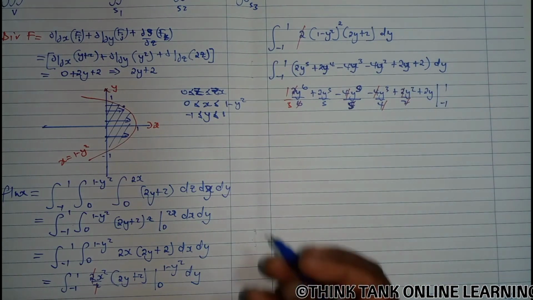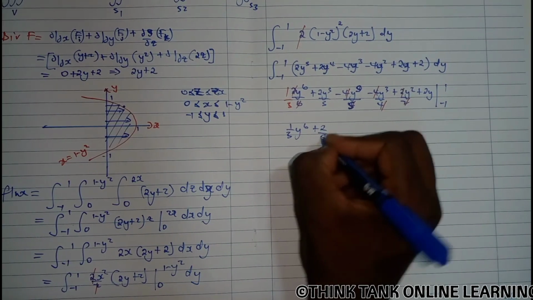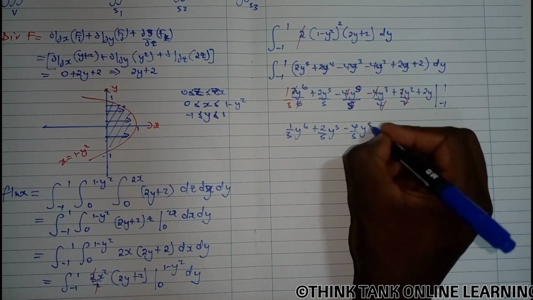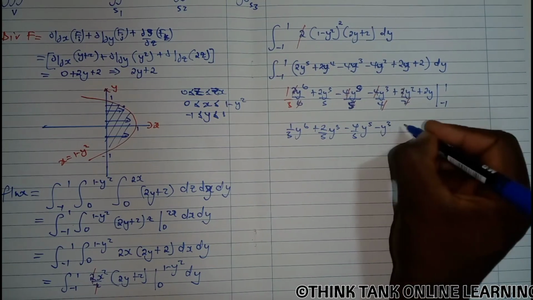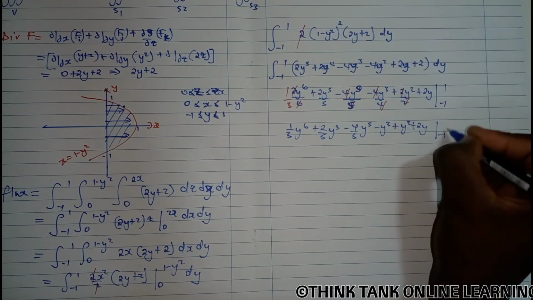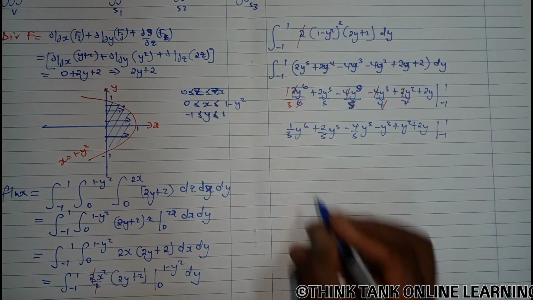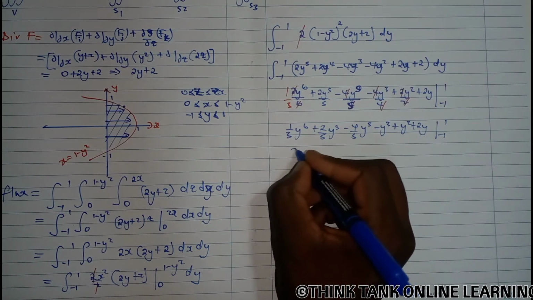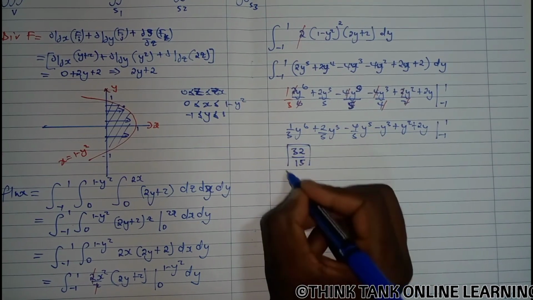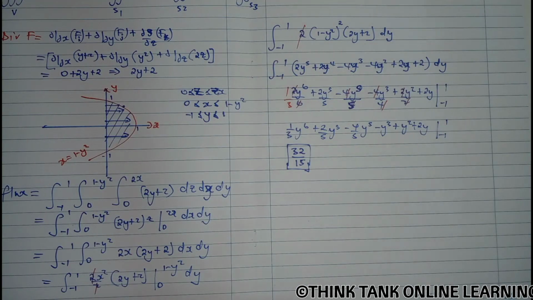So let me just write a clear one: we have 1/3 y to the power 6 plus 2 over 5 y to the power 5 minus 4 over 5 y to the power 5 minus y to the power 3 plus y squared plus 2y from -1 to 1. If we say upper bound minus lower bound, what are we going to get? We're going to get 32 over 15. So that is going to be your total outward flux for this wall solid.